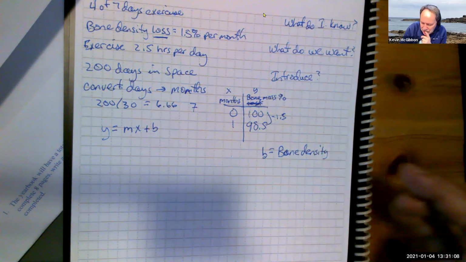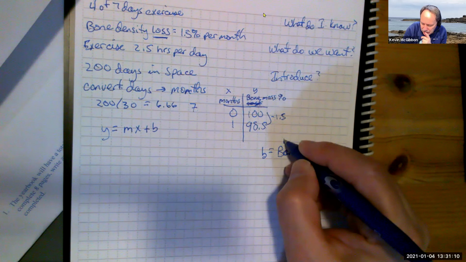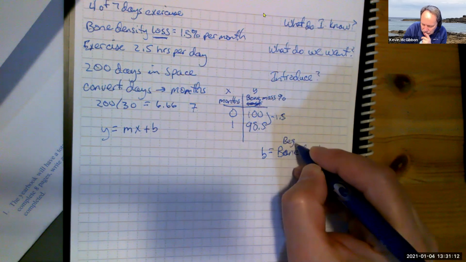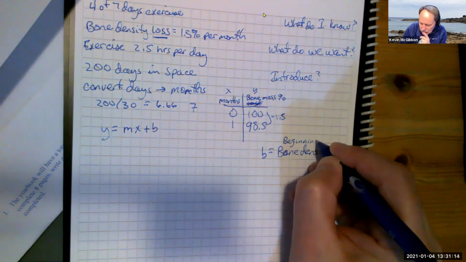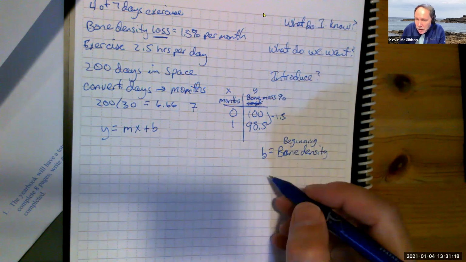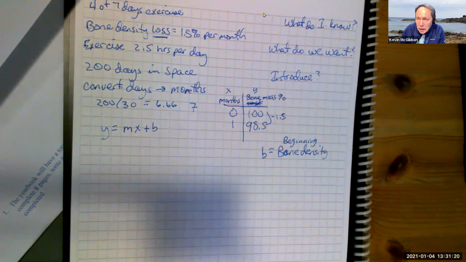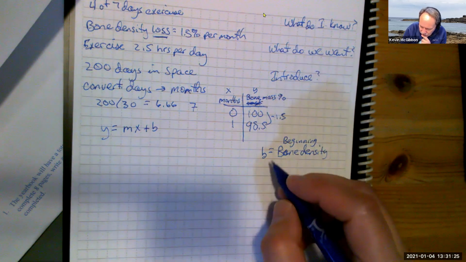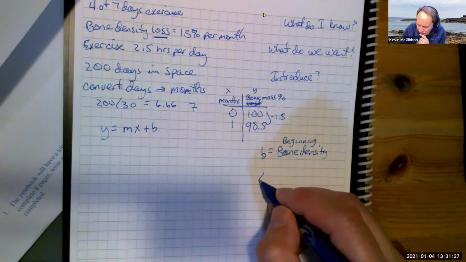You know what? I think I'm going to add beginning, because that is really where it was, wasn't it? The beginning bone density. What is our X value? What's that if we labeled it?